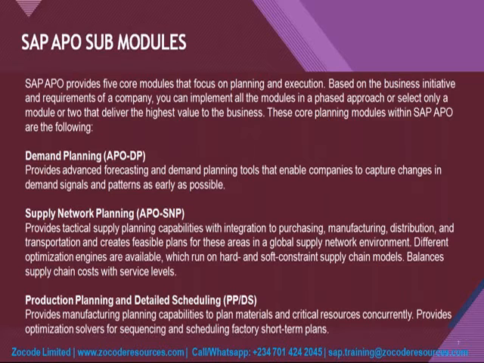Production planning and detailed scheduling provides manufacturing planning capabilities to plan materials and critical resources concurrently, and provides an optimization solver for sequencing and scheduling factory short-term plans.